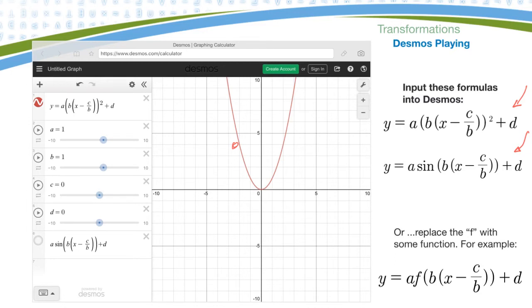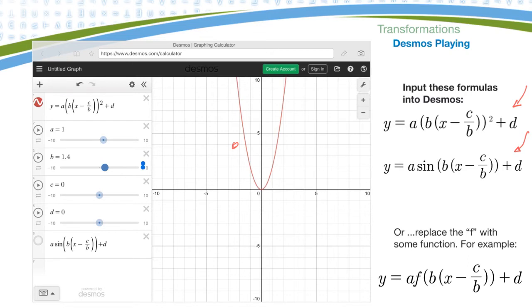Okay, so let's take B and make it bigger. That almost looks like the same thing that happened with the A value, which is sort of funny. But what B is doing is, rather than multiplying the y values by whatever that number is, it's taking the x values and dividing them.